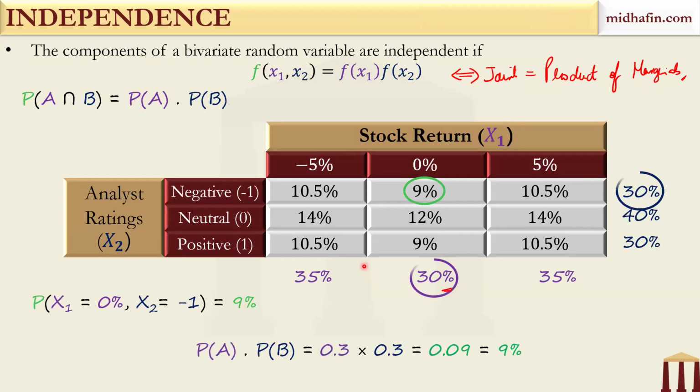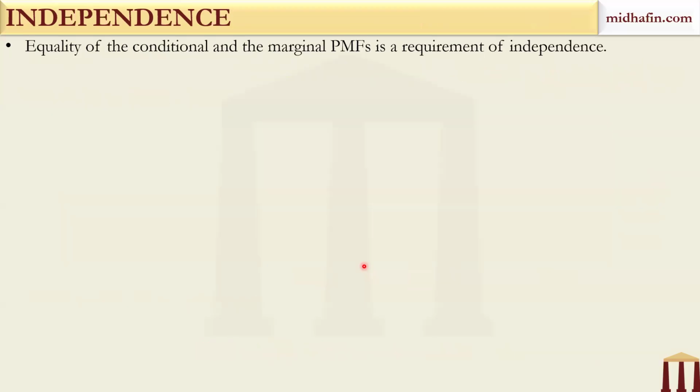Okay. Fine. Now, if you remember from the first chapter on probability, equality of the conditional and marginal PMF was a requirement of independence. Do you remember that we discussed this, that conditional probability makes sense only for dependent events, because if the events are independent, then conditional probability will be the same as the unconditional probability?